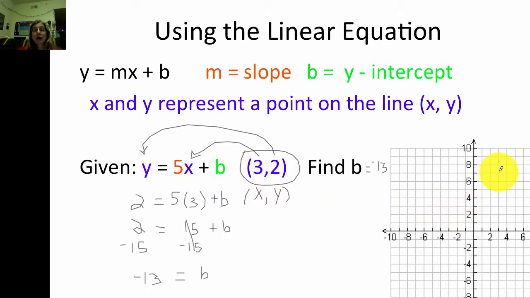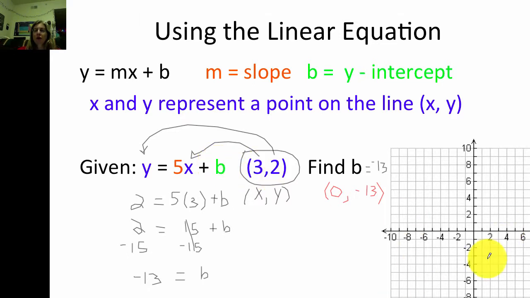So our line crosses the y-axis at negative 13, which is down here in the dredges, 11, 12, 13. And how do I know it's there? Because this is the y-intercept, which is a point on the line, meaning x is always 0, and in this case y will be negative 13, according to our linear equation.